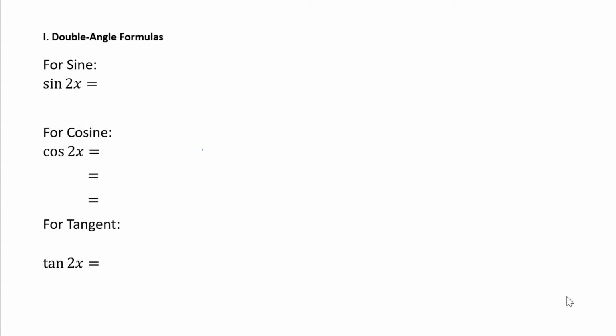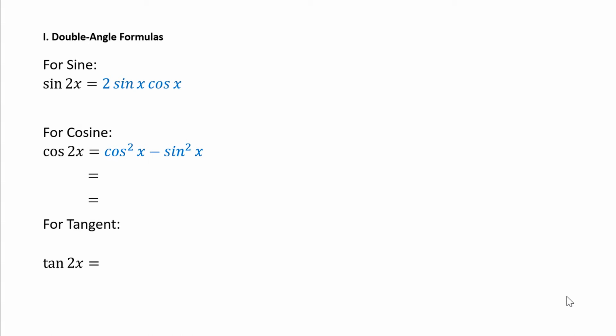Roman numeral 1, the double angle formulas. For sine, sine of 2x is equal to 2 sine x cosine x. For cosine, there are several options. Cosine 2x is equal to cosine squared x minus sine squared x.